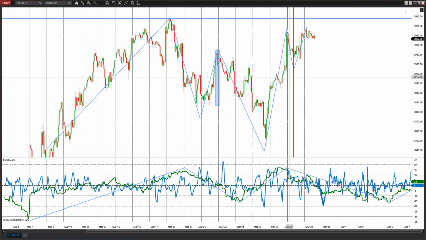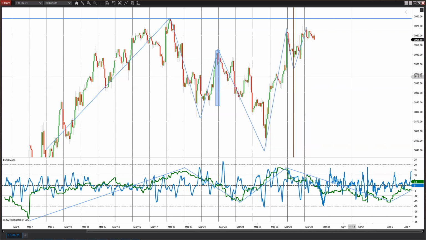So you can see how the blue line had that influence. It gave us that little high-low pattern. And as that blue line bottom was made in tandem with the green line low right there, we triggered into the up move for the afternoon. So you can see the influence that had.